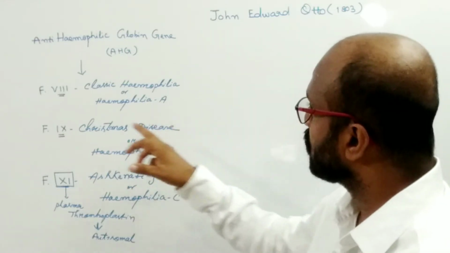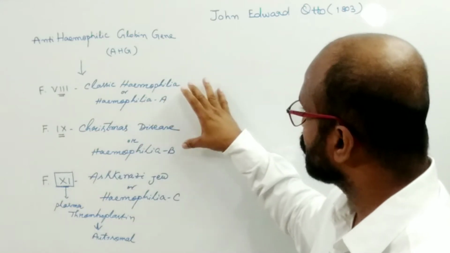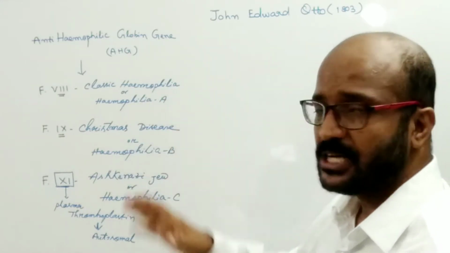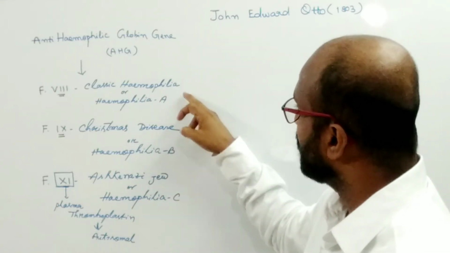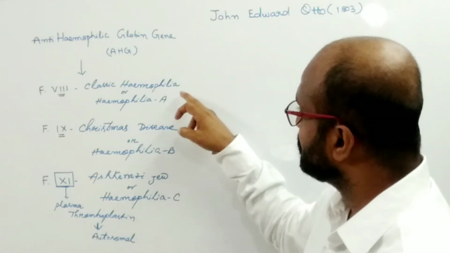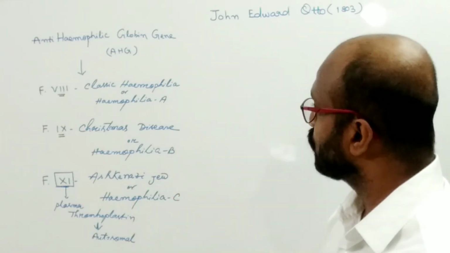These two, blood clotting factor 8 and factor 9, are controlled by genes present on the X chromosome. It means that these are X-linked genes.